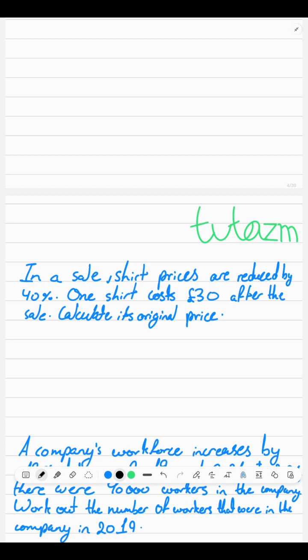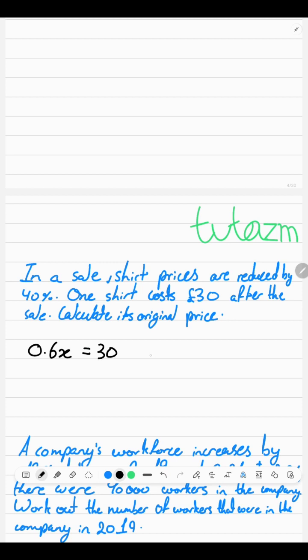In order to work out the answer for this part, we'd have to form an equation. So let's just say the original price was X. And we know that when X was reduced by 40%, it costs £30. So reduced by 40%, that's 1 minus 0.4, so 0.6X is equal to 30.